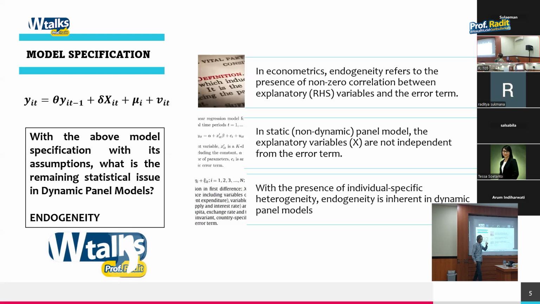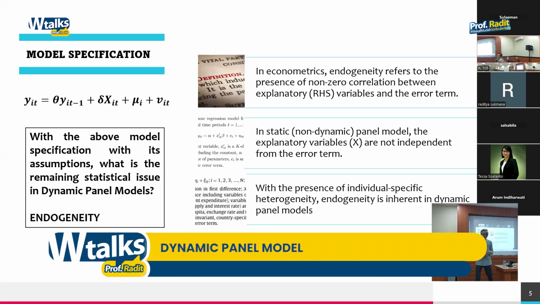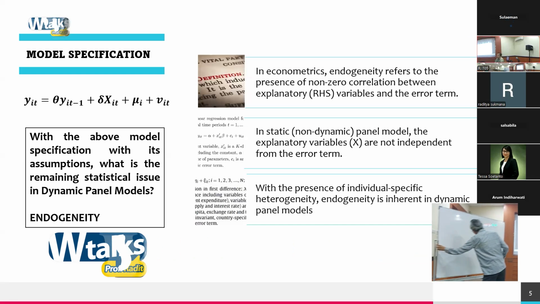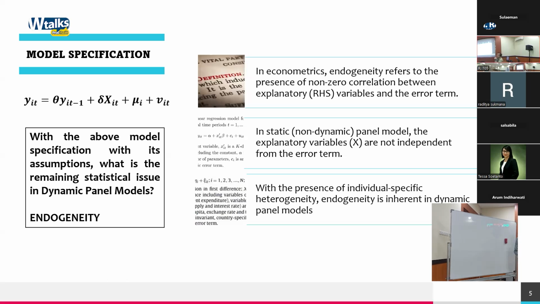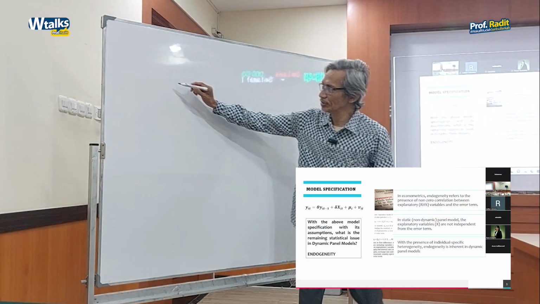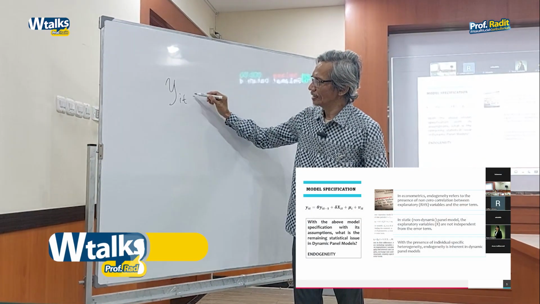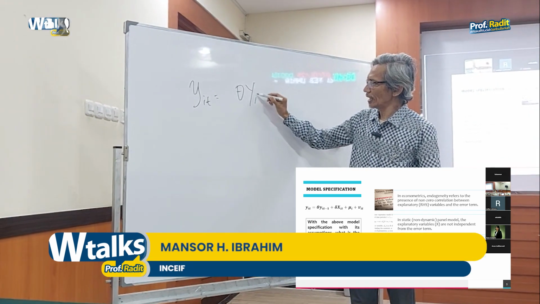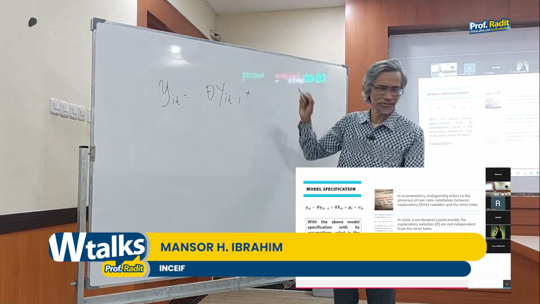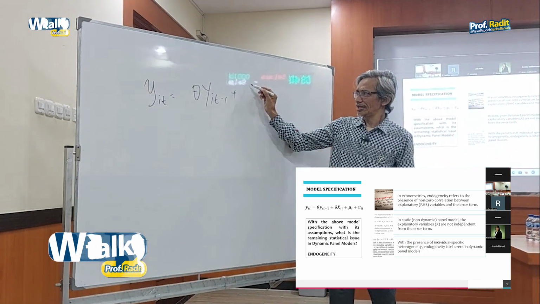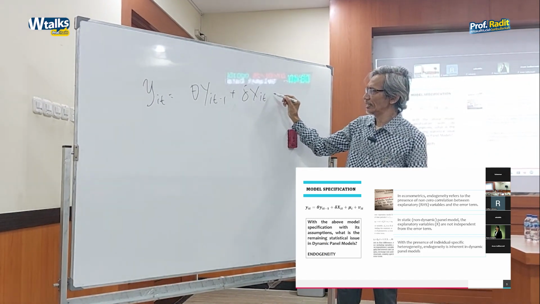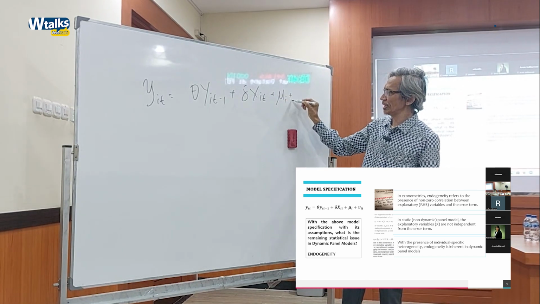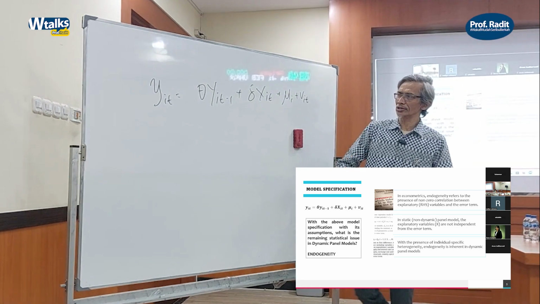Now, very simple to look at this, right? If people ask you to explain, how do you know there is endogeneity? You write yit equal to, the way I write it, theta yit minus 1 plus delta xit, right? And then plus the individual specific term mu i and plus vit, the standard error term.